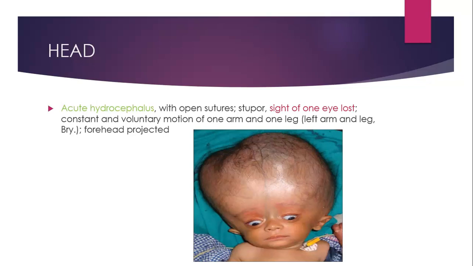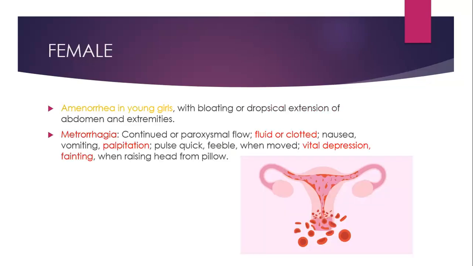If you have left arm and leg, it is Bryonia. If you have one arm and one leg, it is Apocynum. The forehead is projected. So what I want you to remember is hydrocephalus, that you can see in Apocynum. Along with hydrocephalus, you have a vision loss of one eye, and you have a constant involuntary motion of one arm and one leg. The sign you are going to see here is the sunset sign that you can see in hydrocephalus.